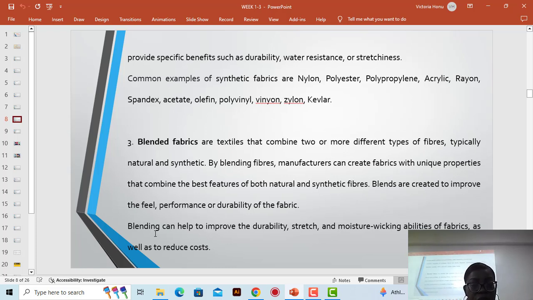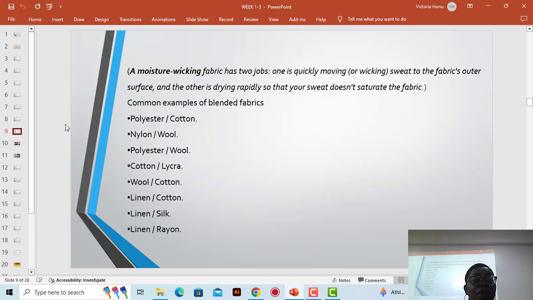So, blending can help to improve the durability, stretch, and moisture wicking abilities of fabric, as well as to reduce cost. What is meant by moisture wicking? We will look at it in the next slide. If it's not there, I'll explain it to you, but it is there. So these are the three main fabric types that we have.